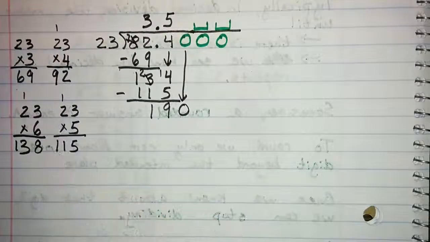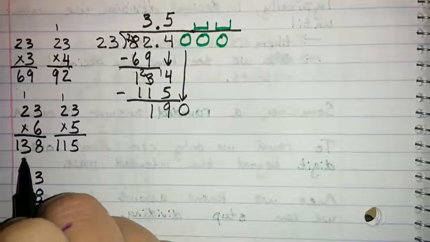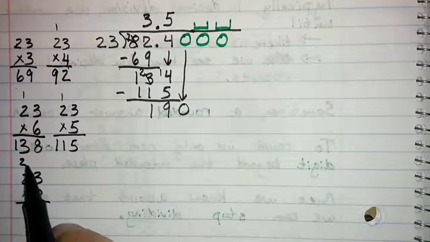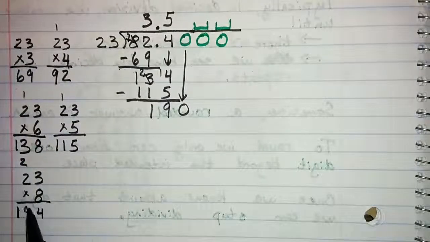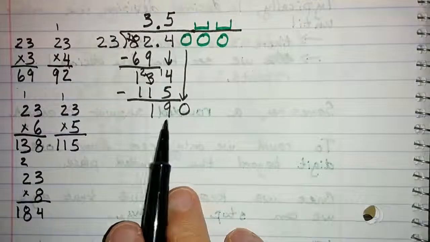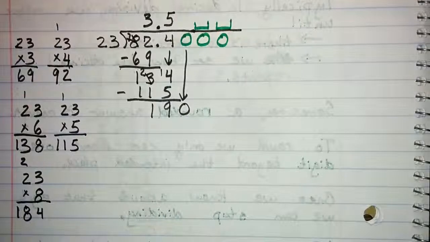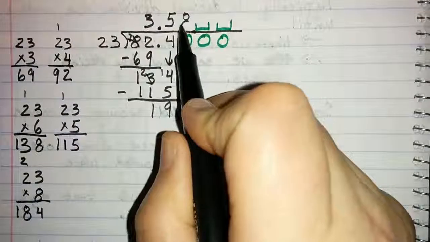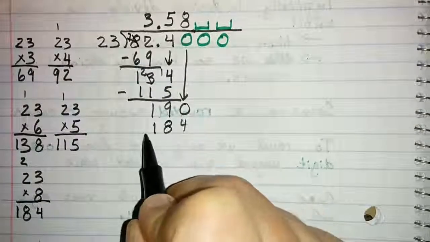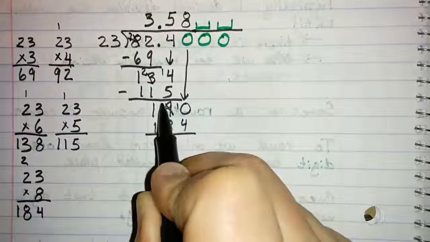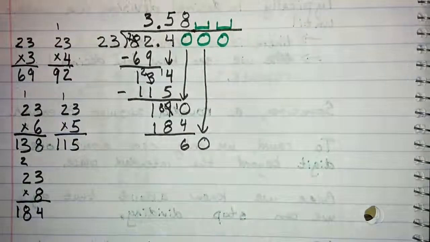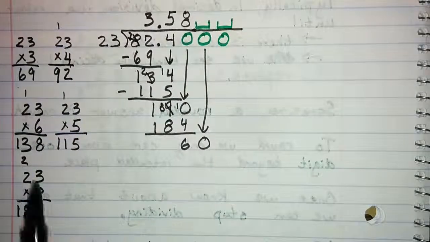Let's try maybe 8. 8 times 3 is 24. 8 times 2 is 16, 17, 18. Yeah, 8's going to be my guess because 9 would get me past 190. 8 times 23 is 184. Subtract. I'll get 6. Bring down this next 0.